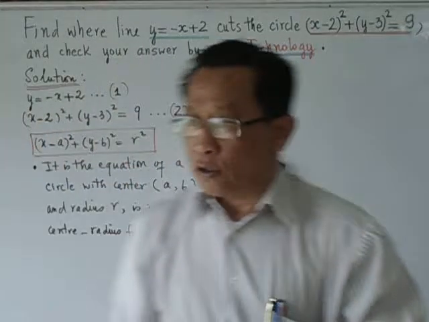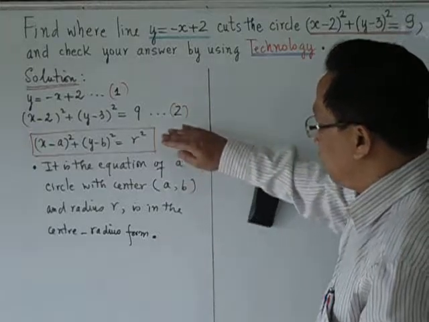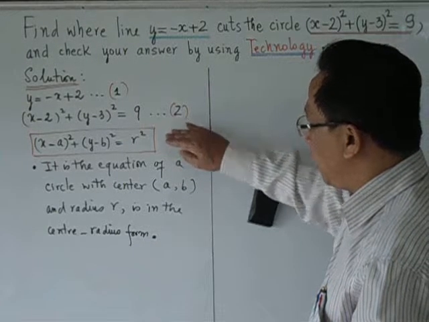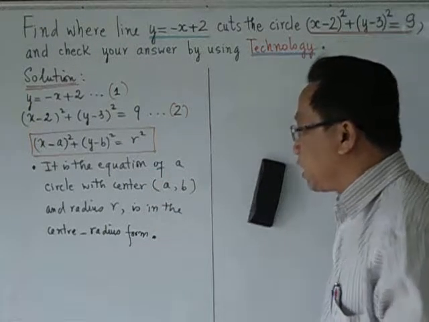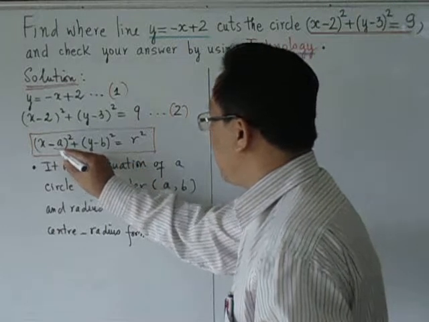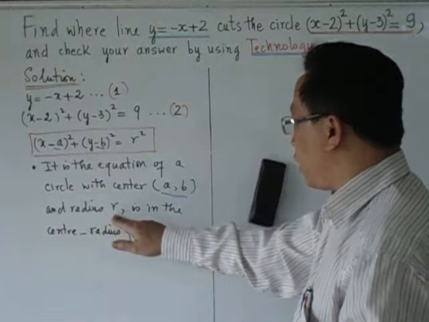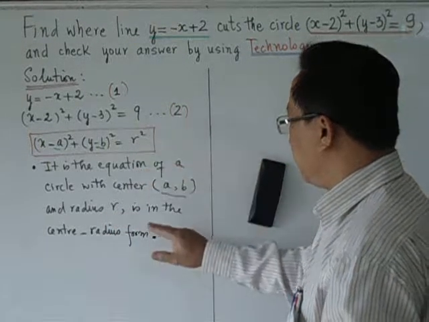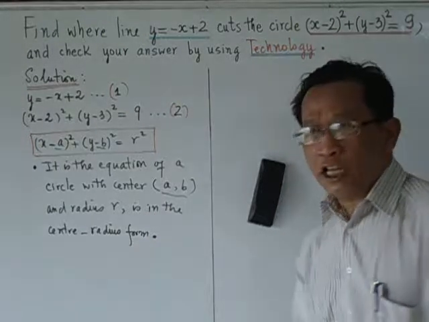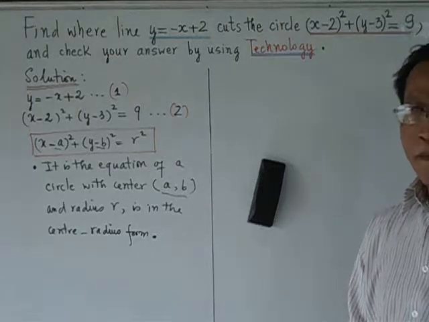You have to remember this. It is the equation of a circle with center (a, b) and radius r, and it is in the center-radius form.